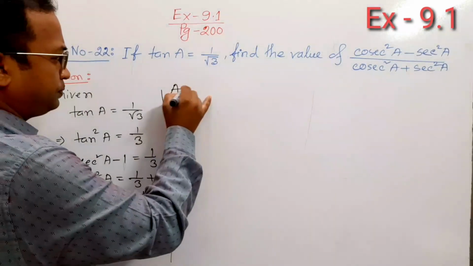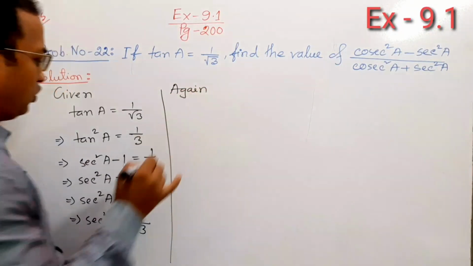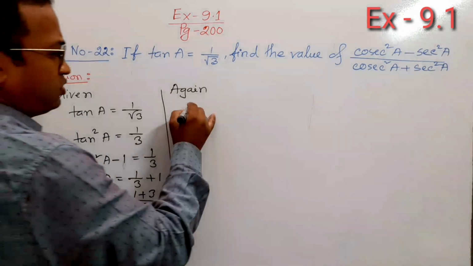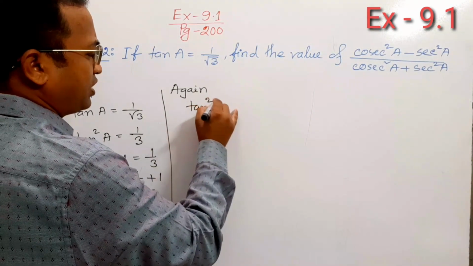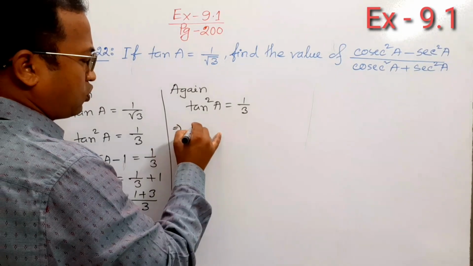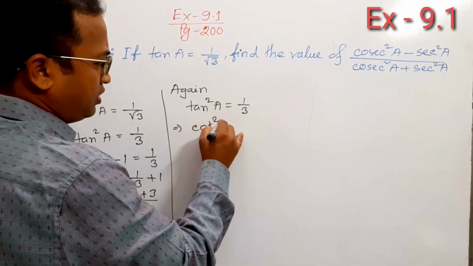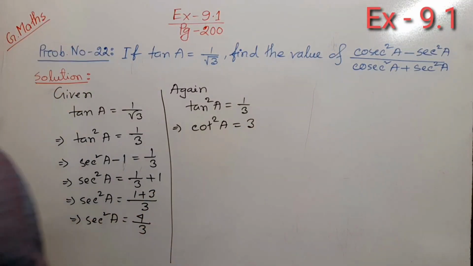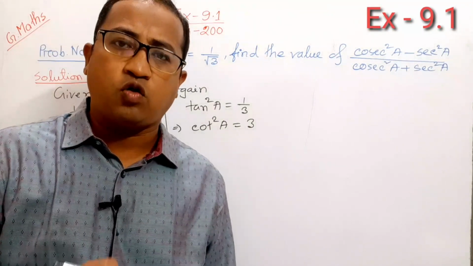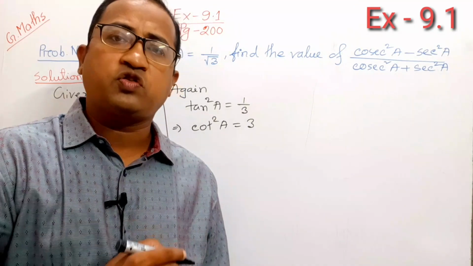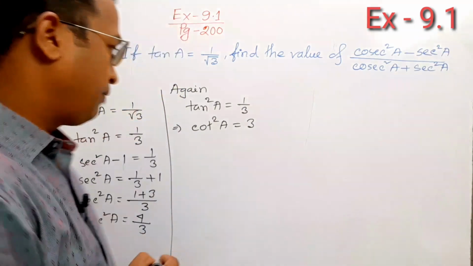Again, look, tan square A equal to 1 by 3. So cot square A becomes 3, because we know tan A equal to 1 by cot A. So tan square A is equal to 1 by 3, so cot square A will be only 3.